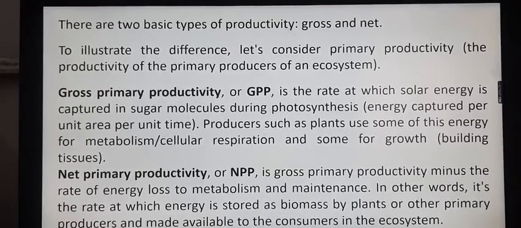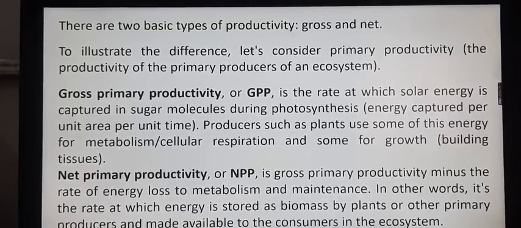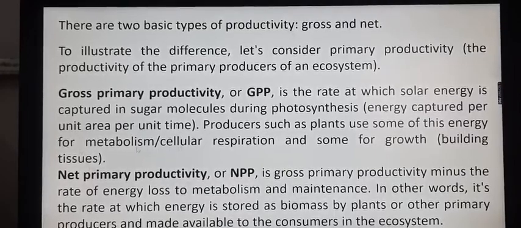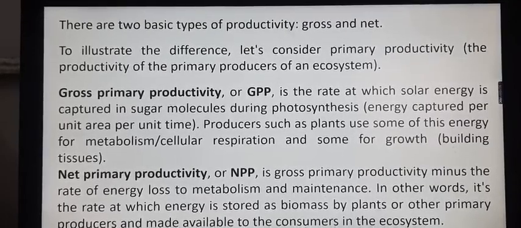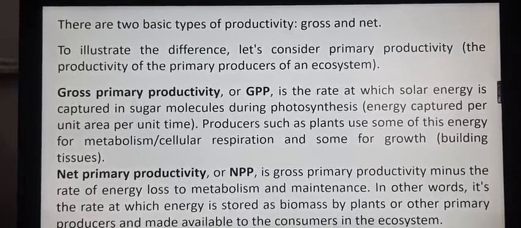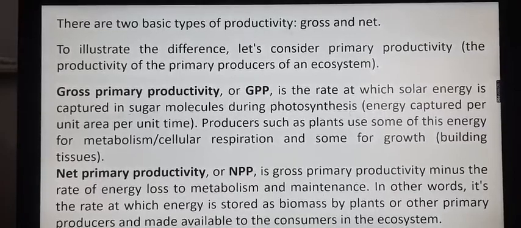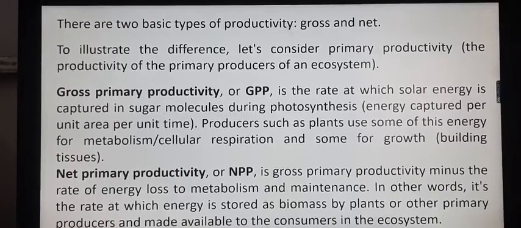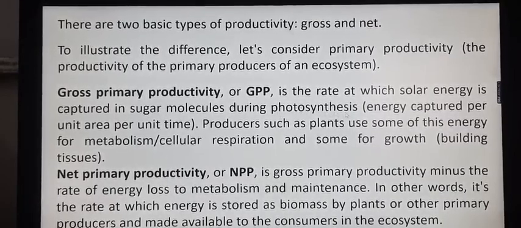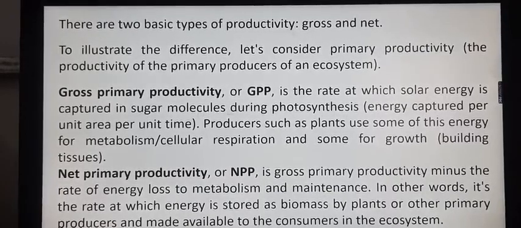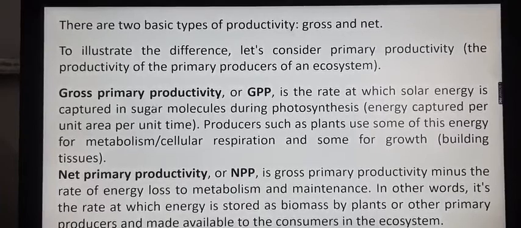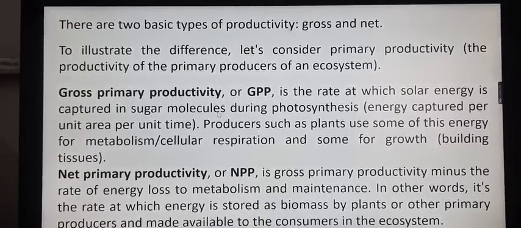Primary producers such as plants use some of this energy for metabolism and cellular respiration, and some for growth. By the process of photosynthesis, plants prepare their food in the form of sugar molecules, so this solar energy gets stored in the sugar molecules.